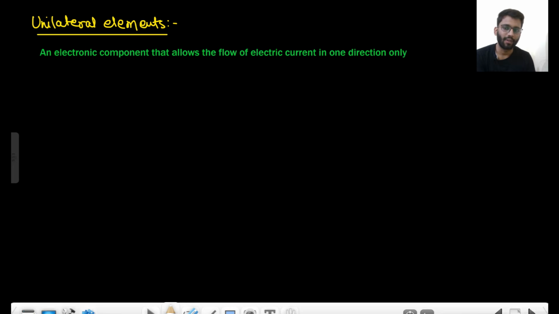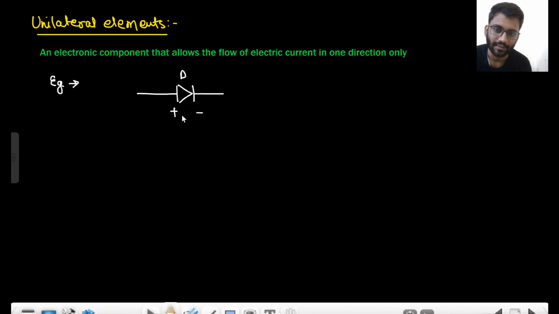Understood? Now, what is unilateral? It allows current in one specific direction only. Examples are like this. Take a diode. This has a potential V like this. So the current in this direction will be finite.